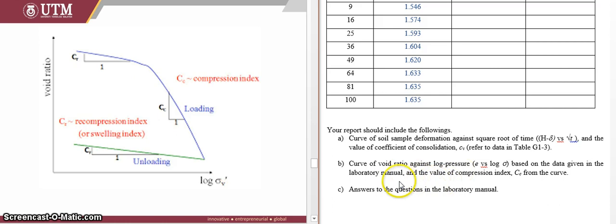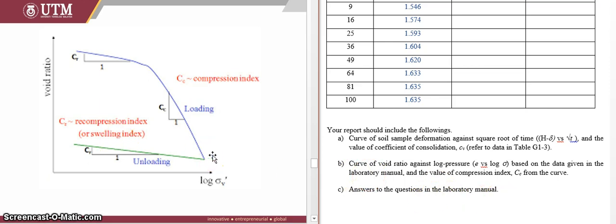If you refer again to the data given, you need to obtain the value of the compression index. You just pick two different locations of value, and you get the slope of the curve, and then you get the Cc.